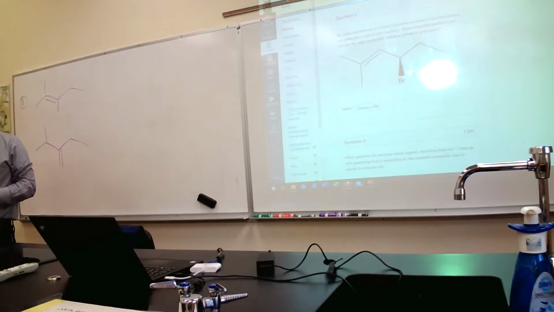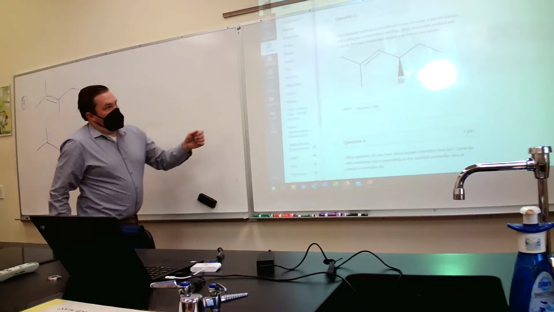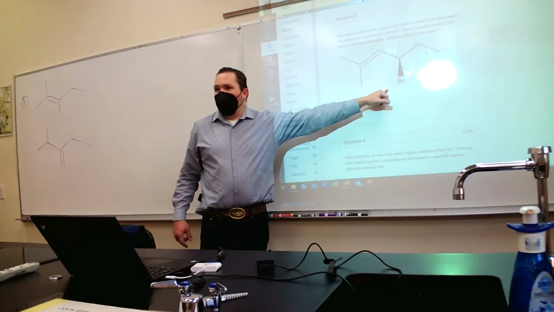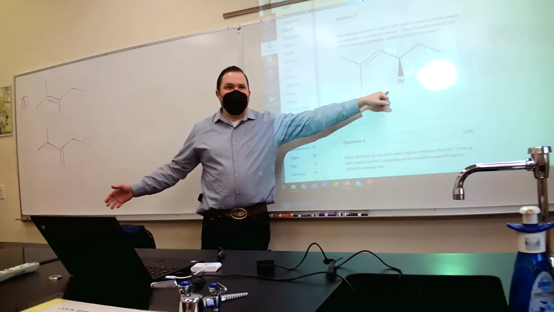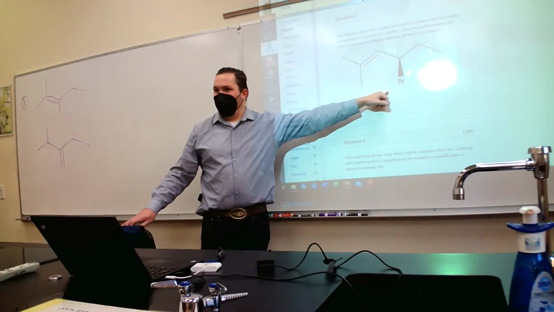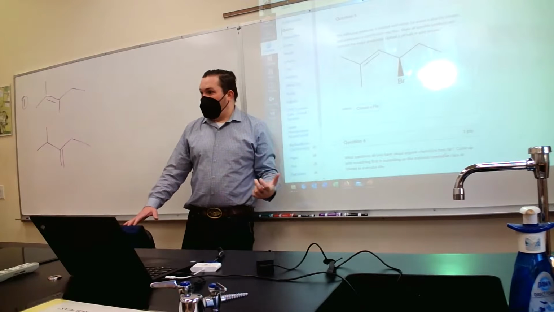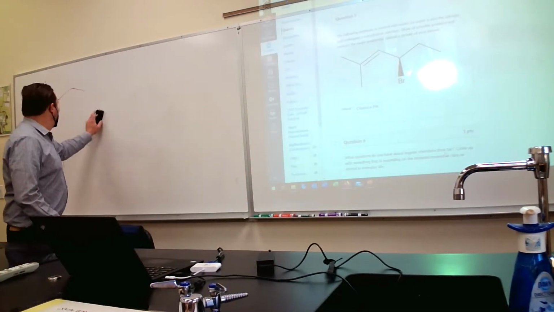So we've got a polar protic solvent and a weak nucleophile. And a really good leaving group. So all of those things point towards it's going to be a stepwise mechanism. So we can expect to make an intermediate that looks like a carbocation, right?